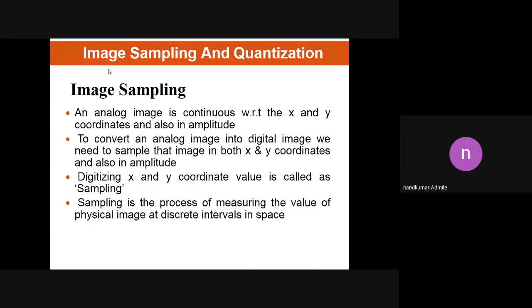So some colors are dark, some colors are too bright, some colors have the middle intensity. So in images we can find a change in intensity of light. Means some colors are too dark, some colors are too bright. So depending on this change in colors, the amplitude of the image can also change.